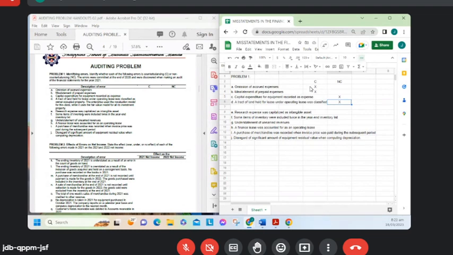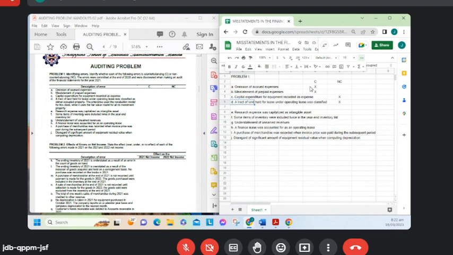So the difference or the error should be corrected in the current period in order to make it right. Kasi hangga't hindi niya ginagalaw, mamamali yan. And at the same time, we're talking about a property or an asset which will be affected over a period of time.